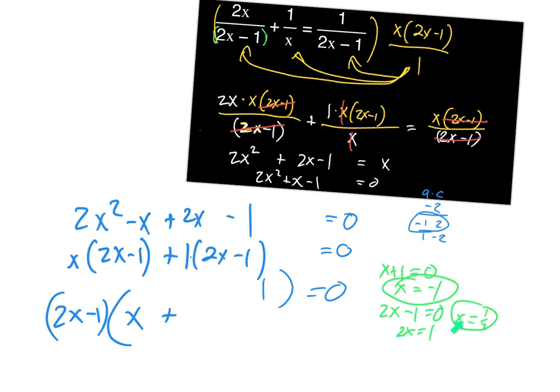So while this is a solution to the numerator, x equals 1/2, if I go back to the original equation, it makes my denominator 0. So while these two are both algebraically answers, this one is a solution.